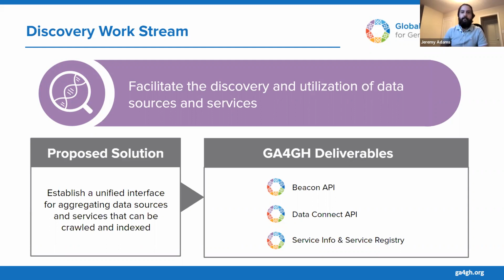Another standard, the Data Connect API, addresses the challenge of publishing and discovering biomedical data. This data is often stored in a variety of locations. There are many different methods, formats, and file types associated with accessing this type of data.